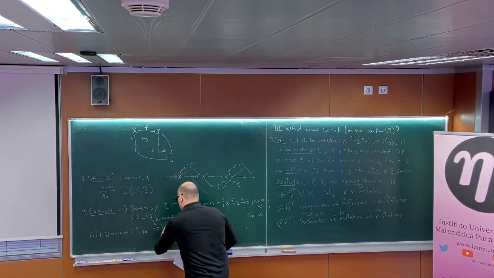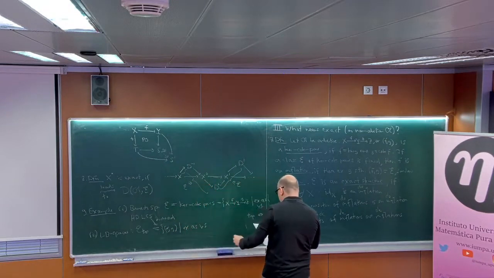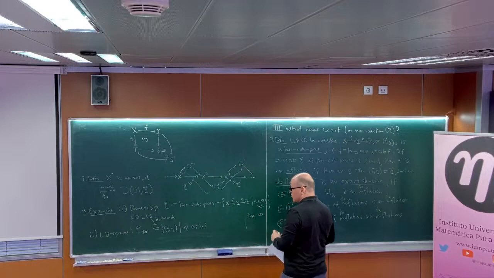So all pairs f, g which are exact as vector spaces, and then what do you have to require?